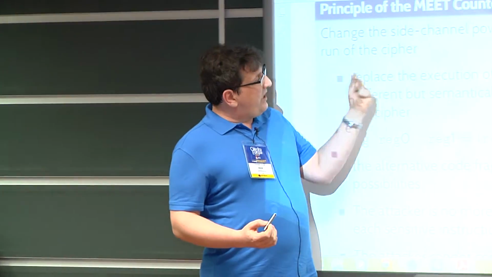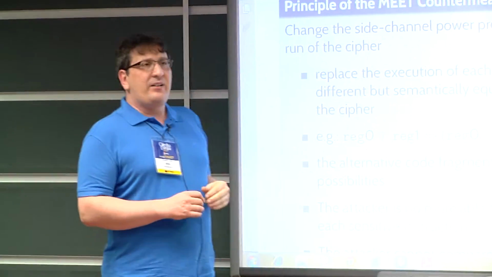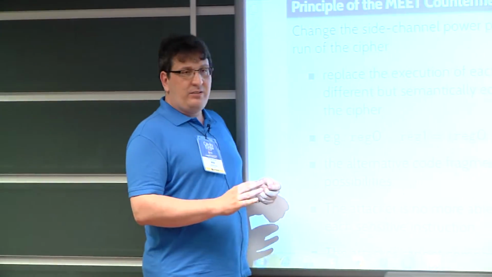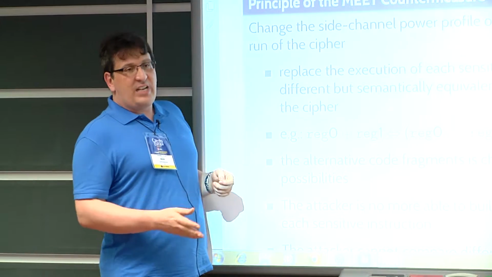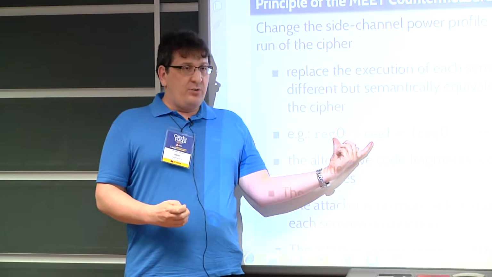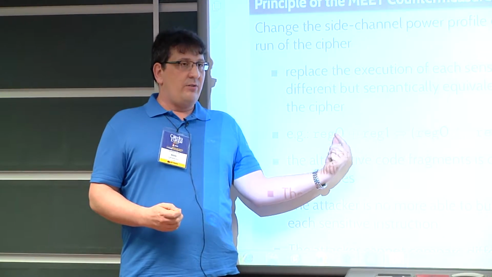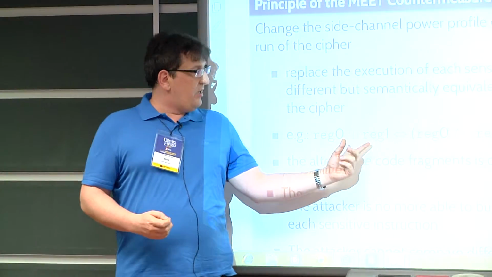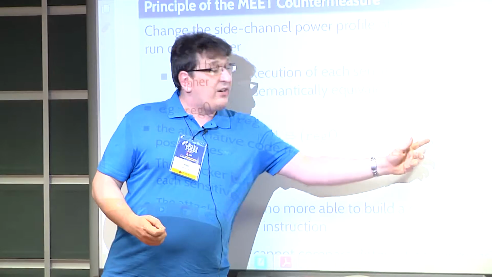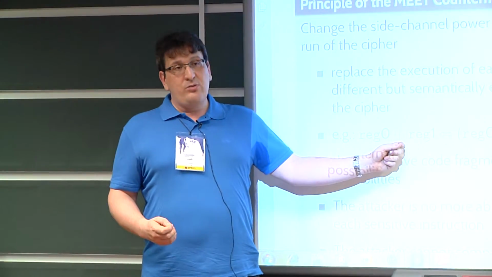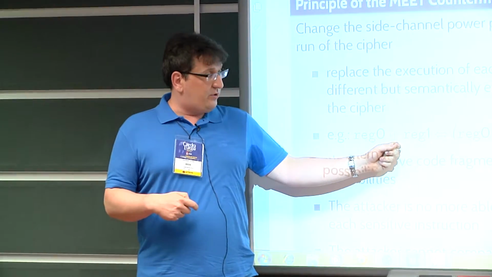We replace the execution of each sensitive binary instruction with a different but semantically equivalent code fragment at every run of the cipher. For example, you can substitute a XOR operation between two values, register 0 and register 1, with the Boolean formula corresponding to the exclusive OR operator.